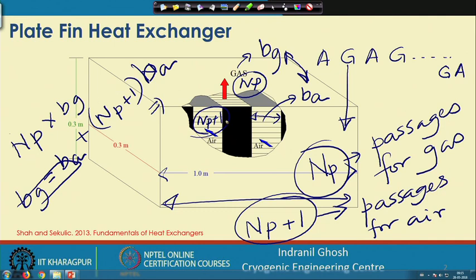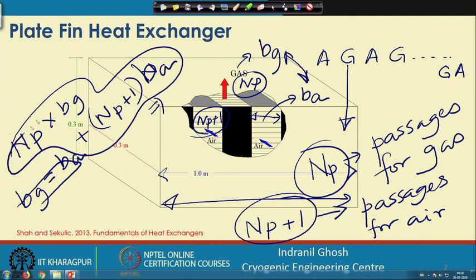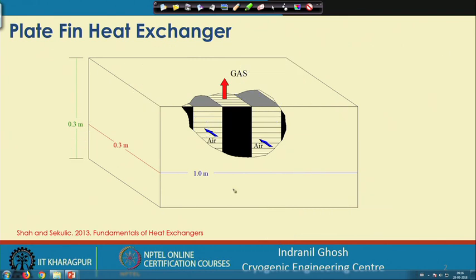There is something else: the thickness of the plates. We have to add the plate thickness to this and then equate with 1 meter, and only then will we be able to find the number of passages N p. So we have N p into B g plus N p plus 1 into B a plus the number of plates.